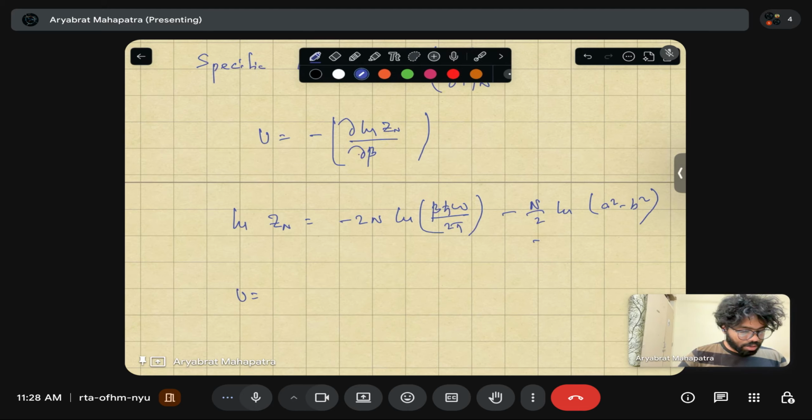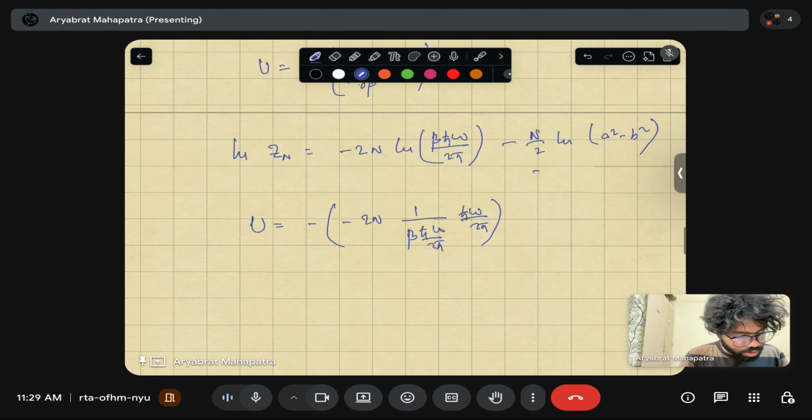this. So if you take the derivative, ln will give you 1 over beta h bar omega over 2 pi, then again, this will be minus 2n times 1 over beta h bar omega over 2 pi, and again you will have h bar omega over 2 pi.